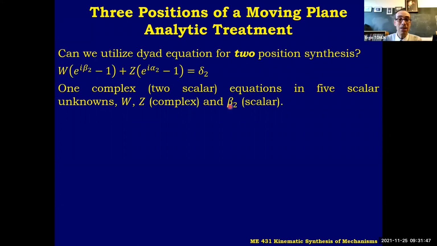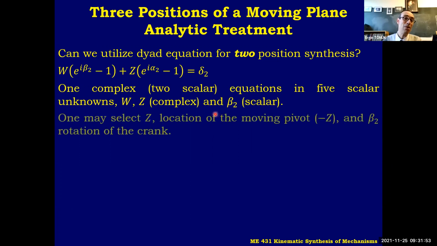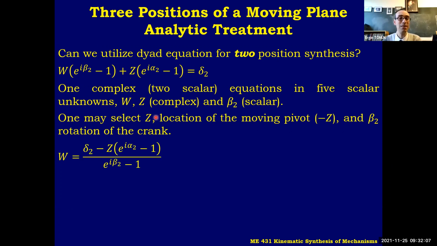So we can do something different than 3-position synthesis. We may arbitrarily select Z, which corresponds to actually selecting the circle point, that is location of A in the graphical synthesis we did. So it gives the location of the moving pivot, which is negative Z from P1.